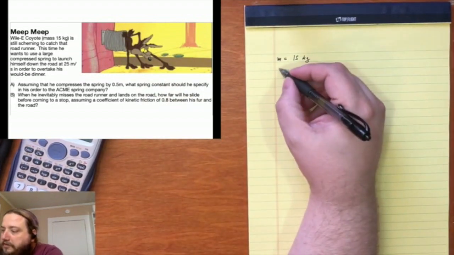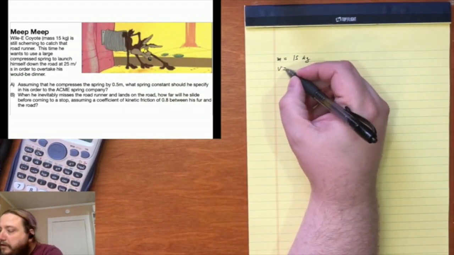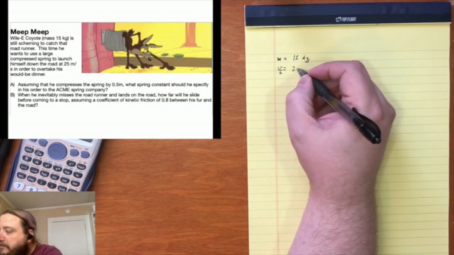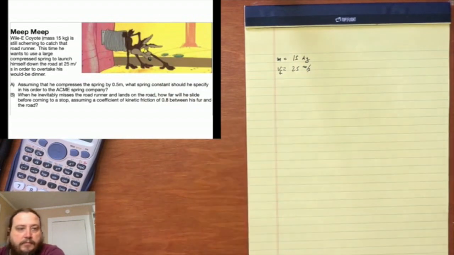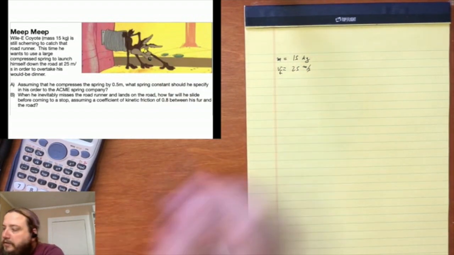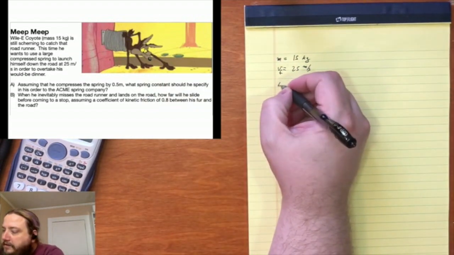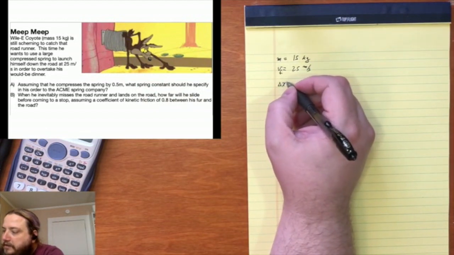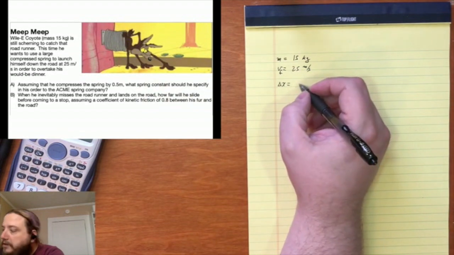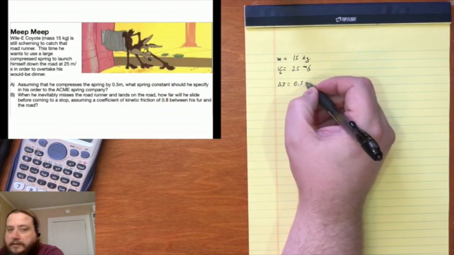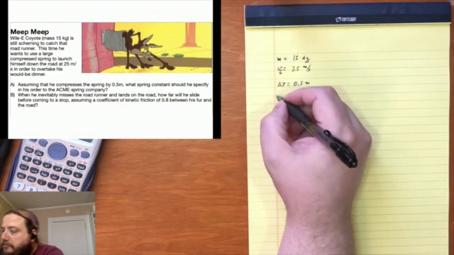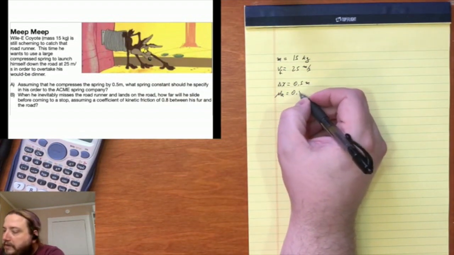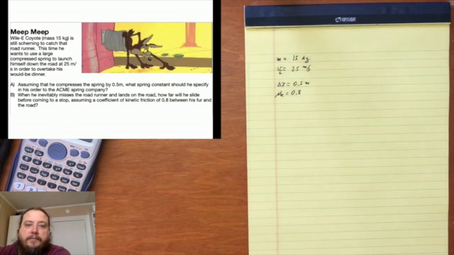He wants to reach a speed of 25 meters per second, and the delta x for the compressed spring is half a meter, and the coefficient of friction is 0.8.